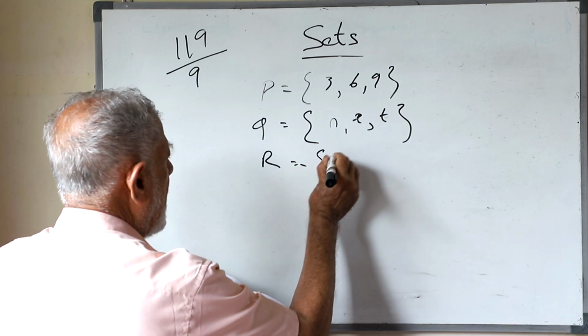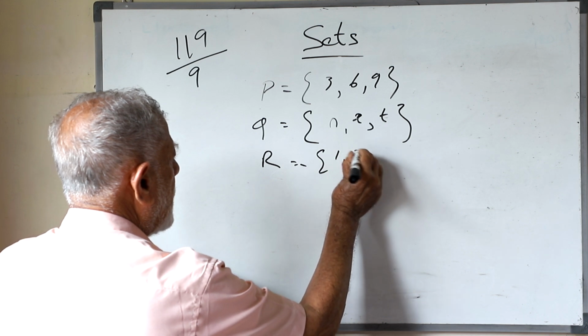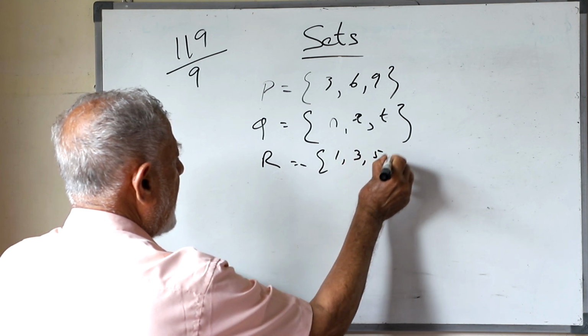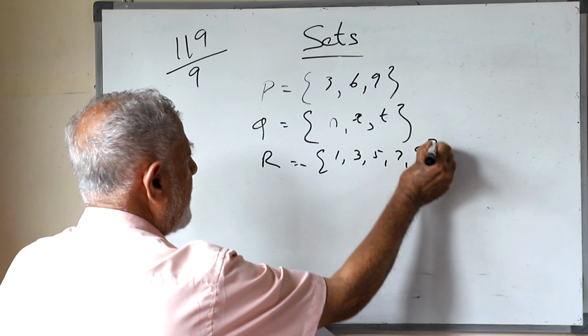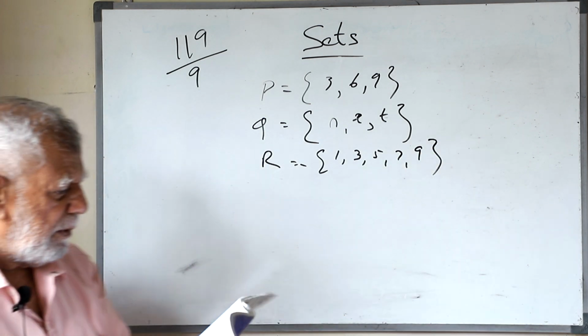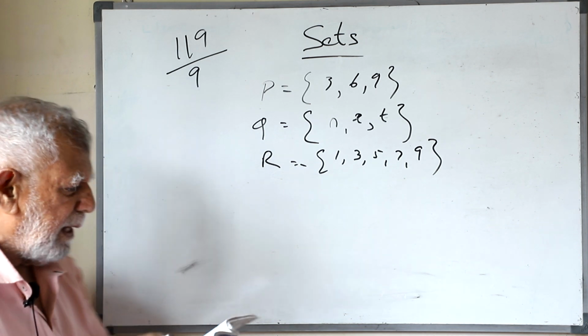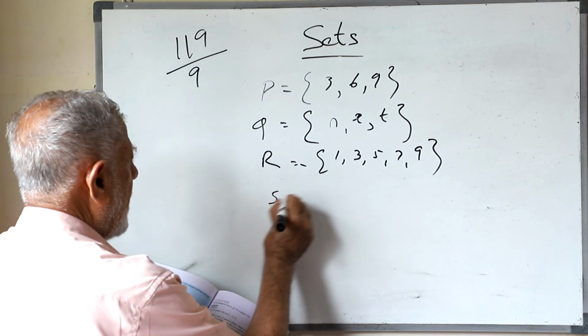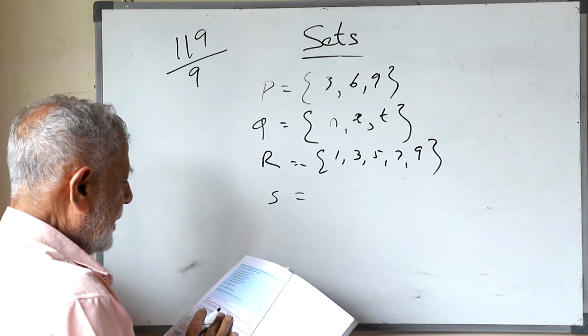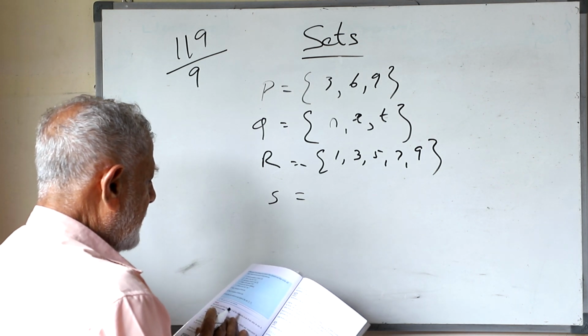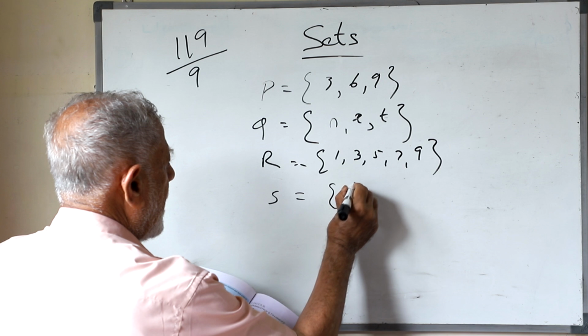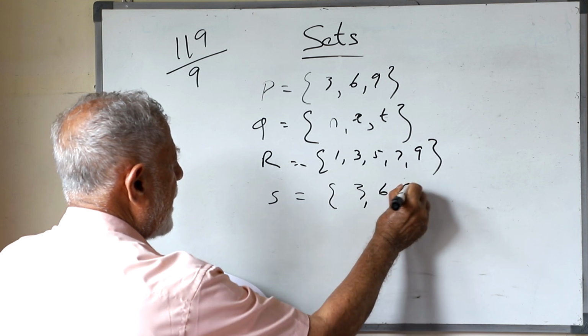Odd numbers: 1, 3, 5, 7, 9. S is digits of the number 3693. Digits of the number 3693 will be 3, 6 and 9.